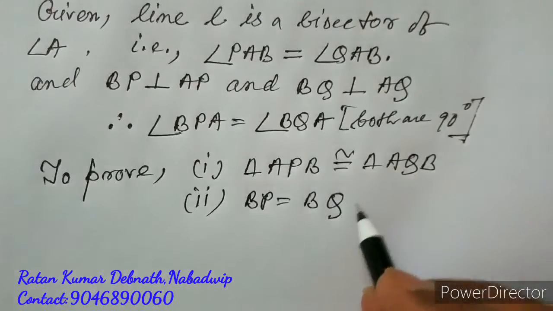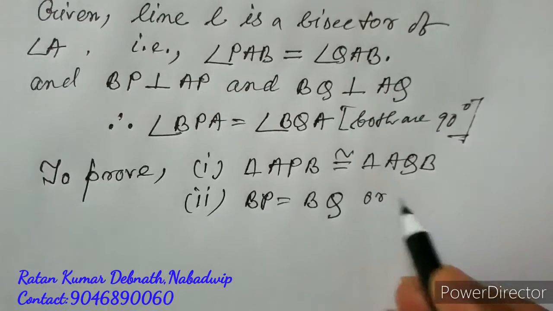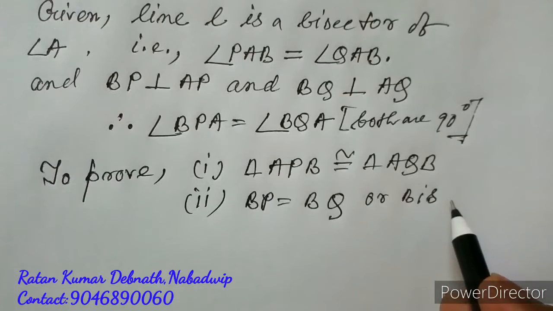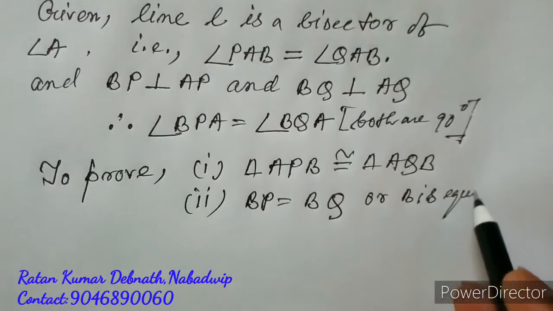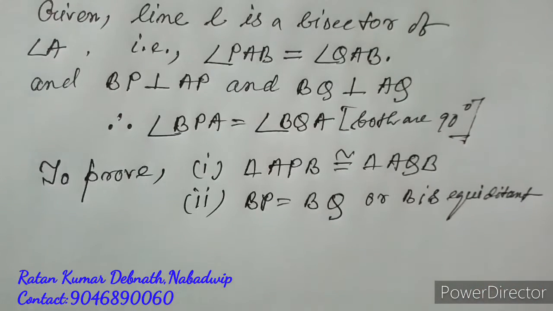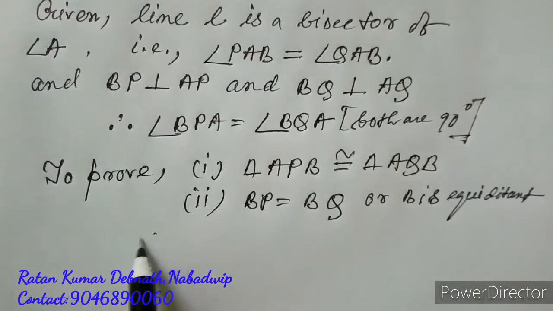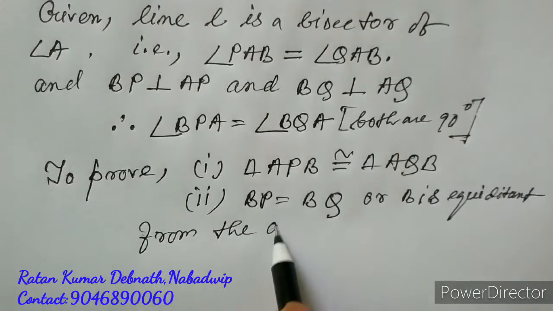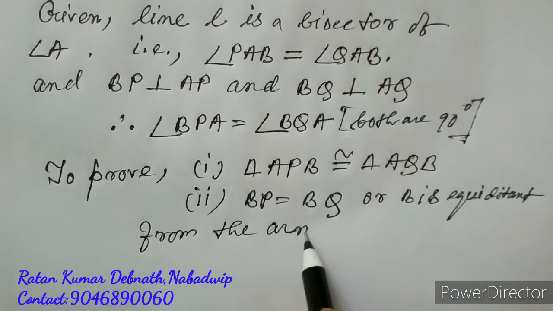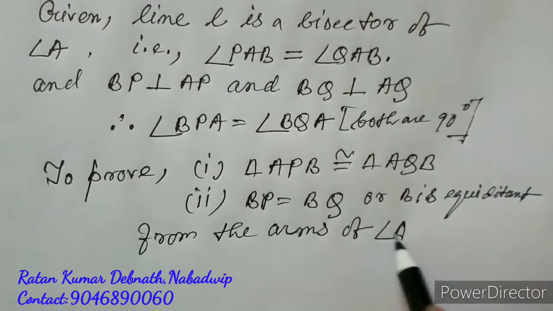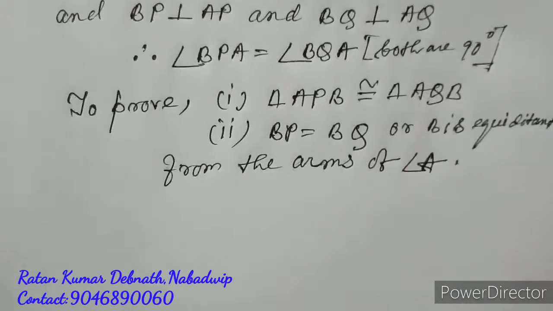That means B is equidistant from the arms of angle A.